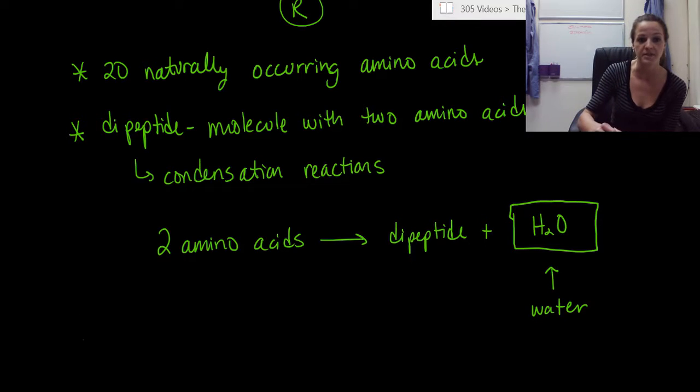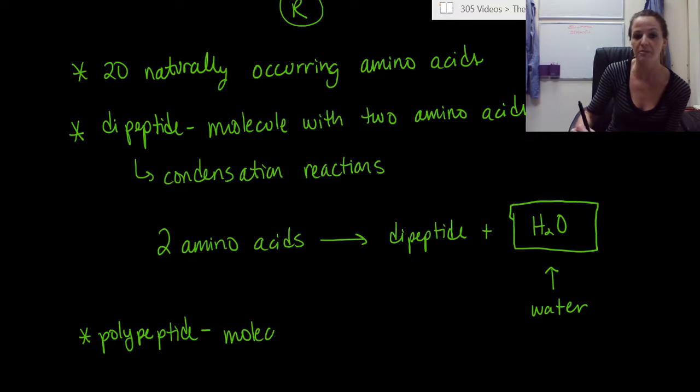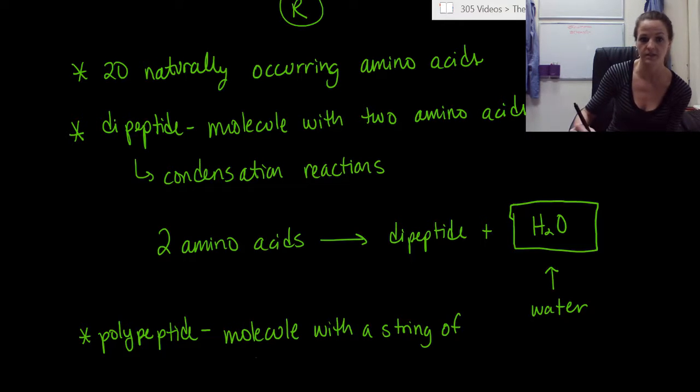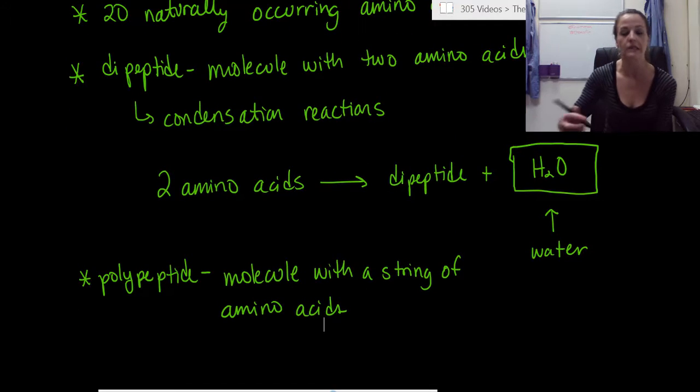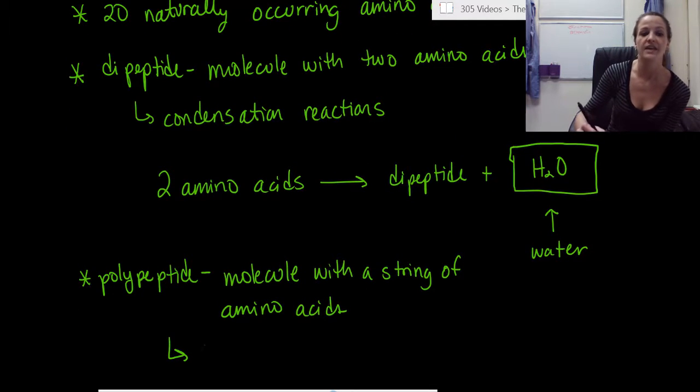Now a polypeptide is just the polymer version of a dipeptide. So essentially it's a very, very big molecule with a string of amino acids. But the big thing I want to stress here, and get through your head, is that the order is crucial.